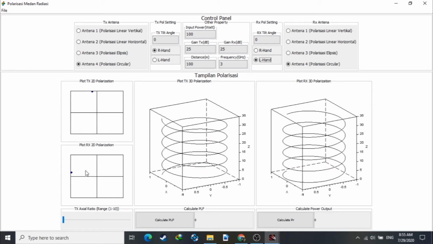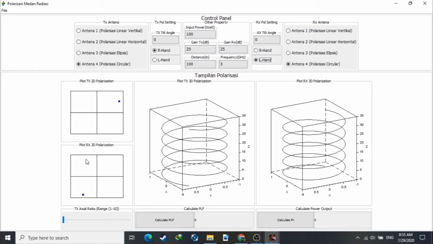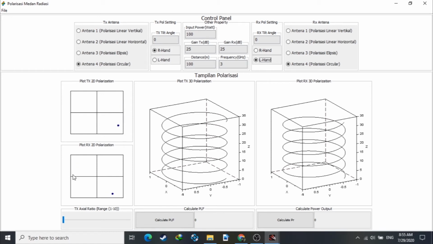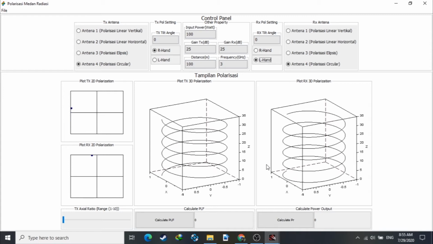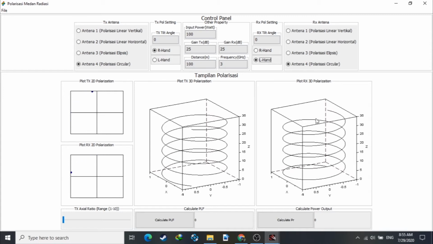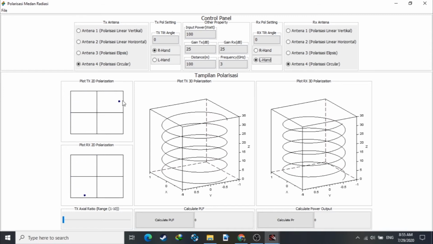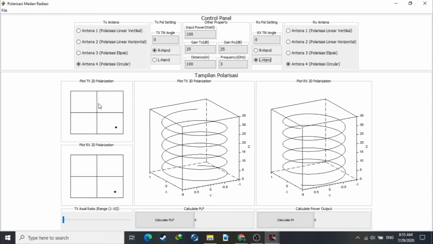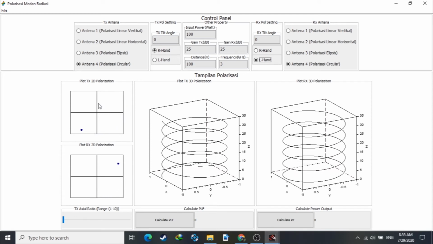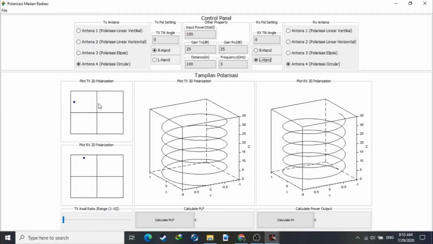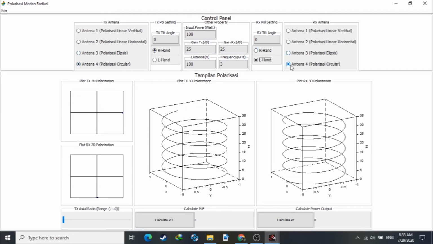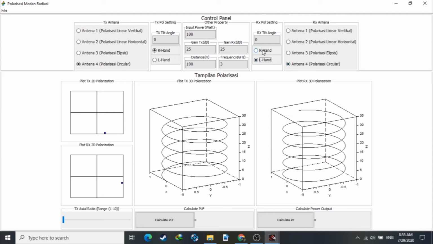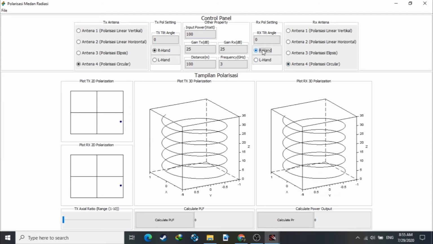As you can see here, it has the same radius and same movement, but in a different phase. Okay, because the reverse movement itself only changes the direction here. And in circular polarization here, we're going to make it right hand again.